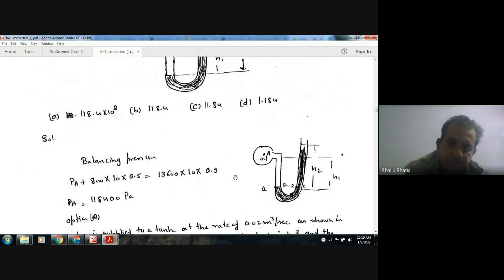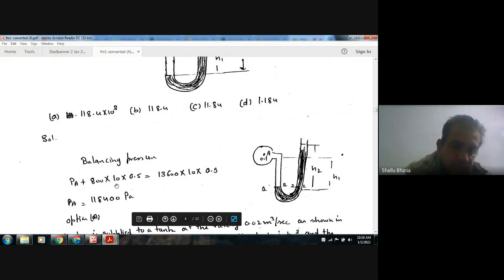Okay. Now balancing at this level, at 1-1 and 2-2. At 1 the pressure is PA, and your head is H1. H1 is your 0.5, and the density of oil is 800.